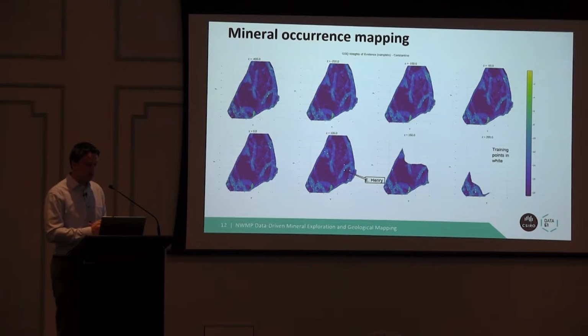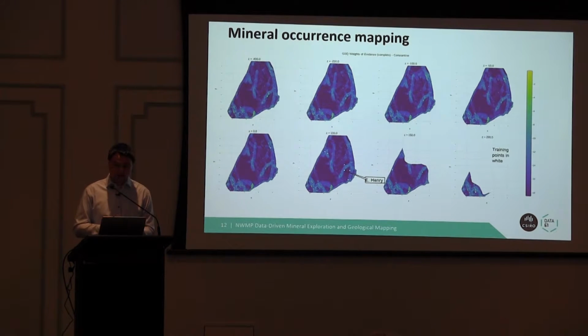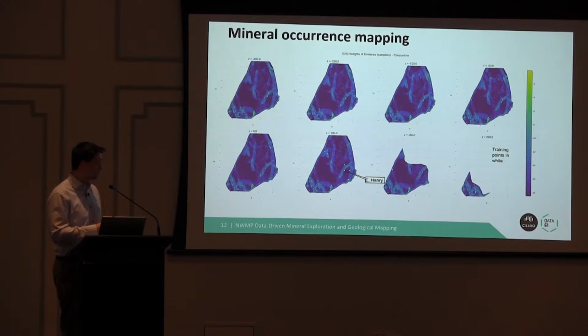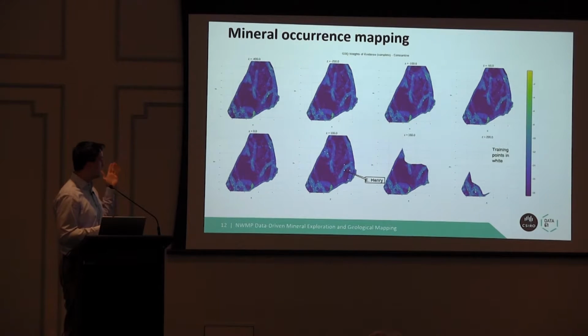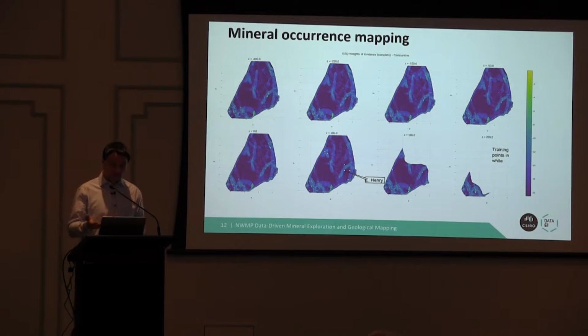Now this is the outcome of the weights of evidence, just to reproduce from the study of GSQ. And you can see that it has slices for different depths, and we used inversion of the geophysics from gravity and mag to estimate the susceptibility and density for each voxel in the model.